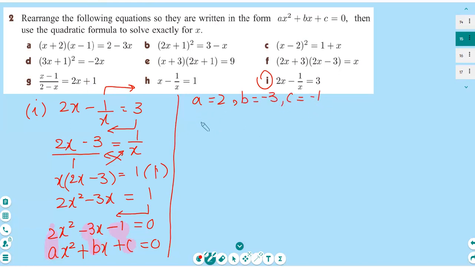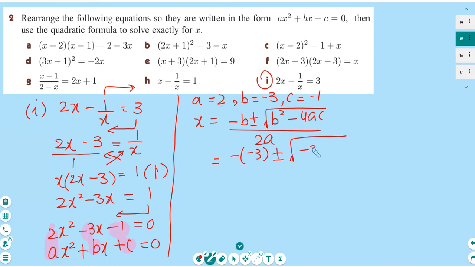So using the quadratic formula, x is equal to minus b plus minus square root of b square minus 4ac, over 2 times a. Now inserting the values: minus b, minus as it is, and b is -3, plus minus, then b square means -3 whole square, minus 4 times a is 2 and c is -1, over 2a means 2 into 2.